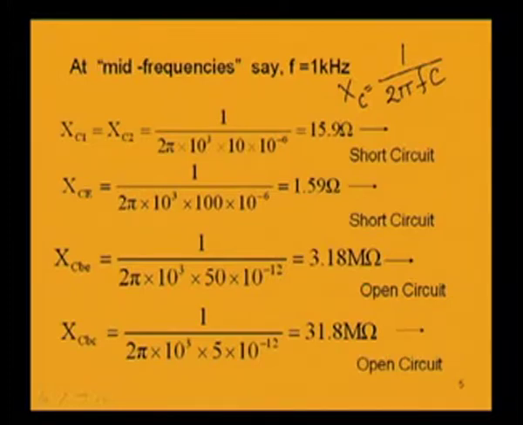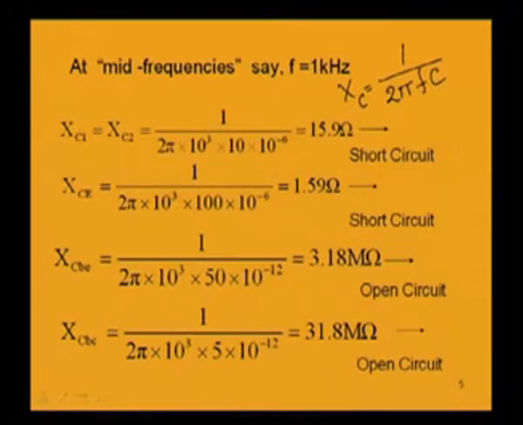So this is quite a small value of reactance. Similarly, if we calculate the capacitive reactance offered by the emitter bypass capacitor, that is XCE, calculating 1 by 2 pi into 10 to the power 3 into 100 microfarad, it is 1.59 ohm. So if we look at these values, it is almost like short circuiting the path since these are very small.